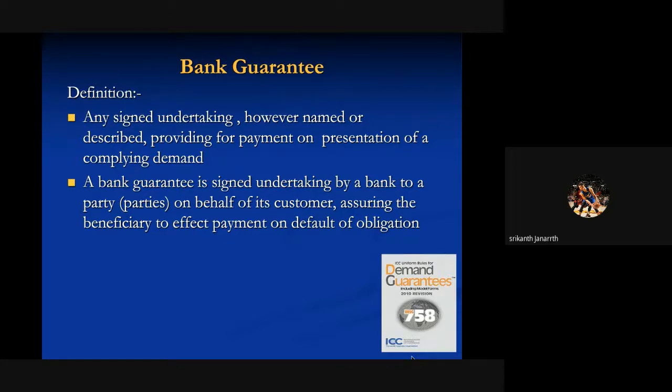This is where the bank guarantee's importance was realized, mostly after 1975, in the Middle Eastern part. They were not aware that guarantees are a valuable instrument to overcome all these issues. So the bank guarantee is a signed undertaking by a bank to a party on behalf of a customer, assuring the beneficiary of a payment on a default of obligation.